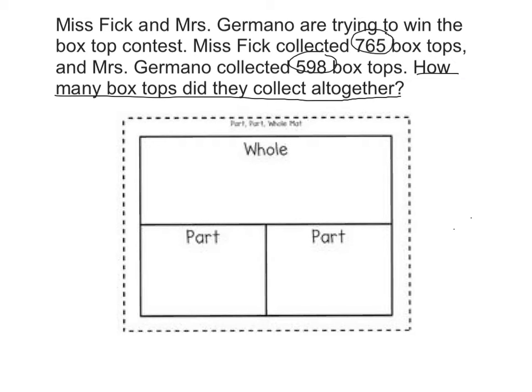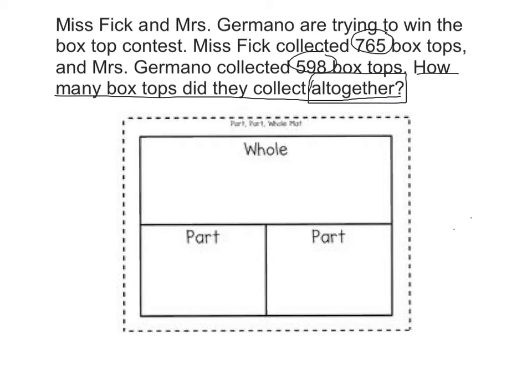And I know that a key math word is altogether, so I'm going to go ahead and box that for myself. And then I know that it's really important and really helpful if I retell what's happening in the problem.